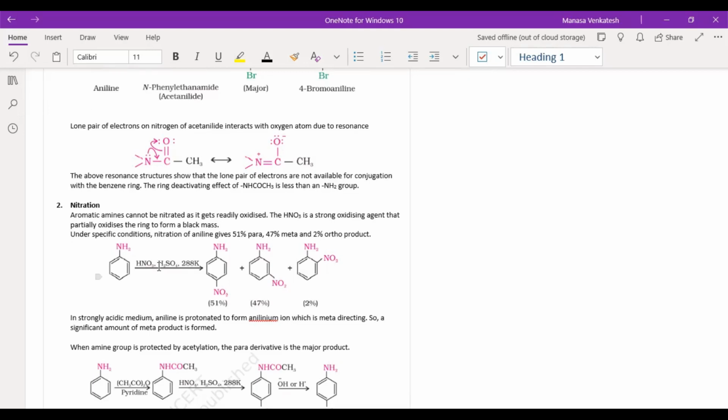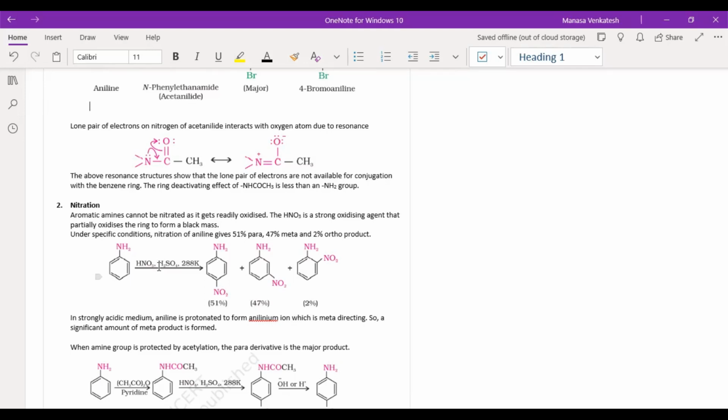So what happens is, in the acidic medium, it will form an anilinium ion. This anilinium ion is meta directing, and because of that, we have quite a large amount of meta product. I'd like to repeat it again. Aniline is a base. So in a strongly acidic medium, with a strong acid like HNO3 and H2SO4, it leads to the formation of the anilinium ion.